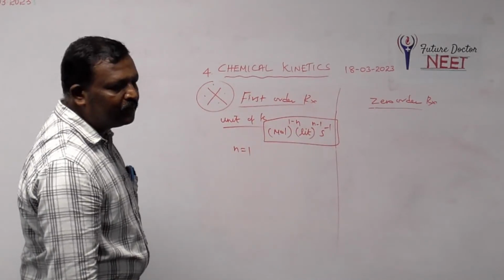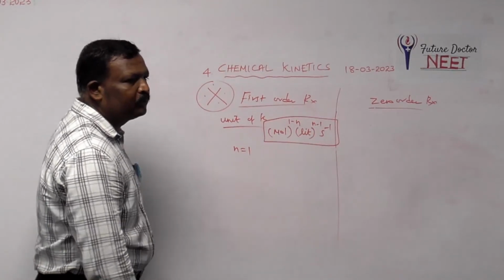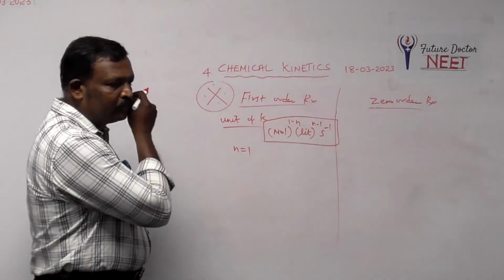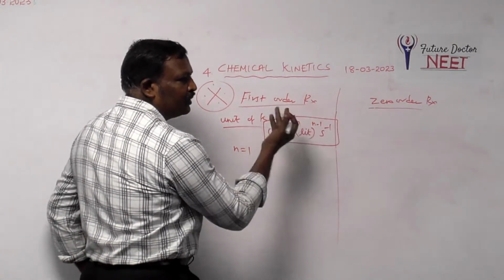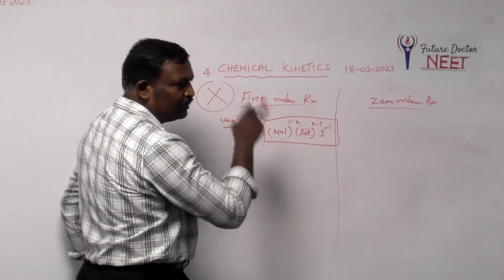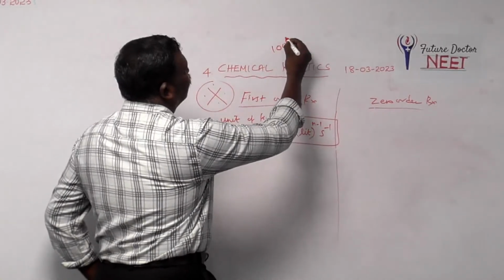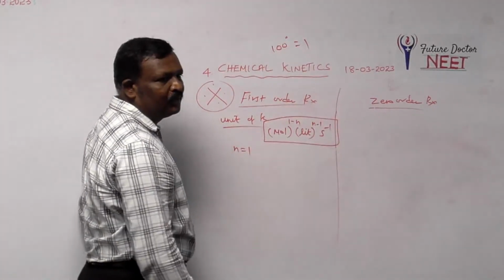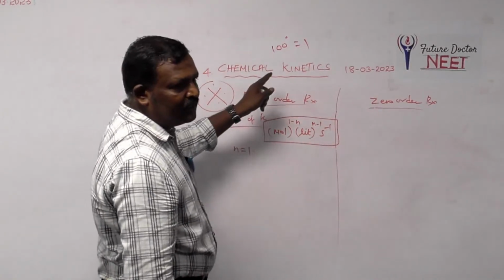What's the unit for that? If you put n is equal to 1, here what? 1 minus 1? 0. Anything power 0? 1. 100 power 0, anything power 0 is 1. Studied or not? 8th standard mathematics.